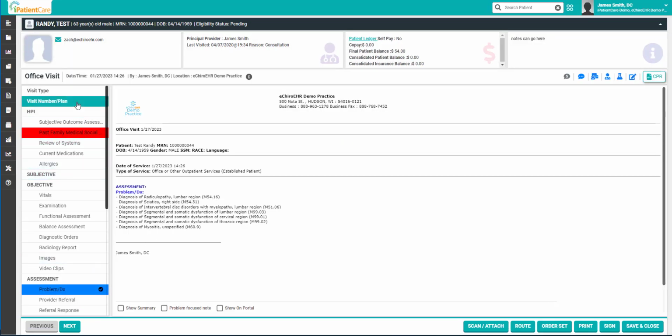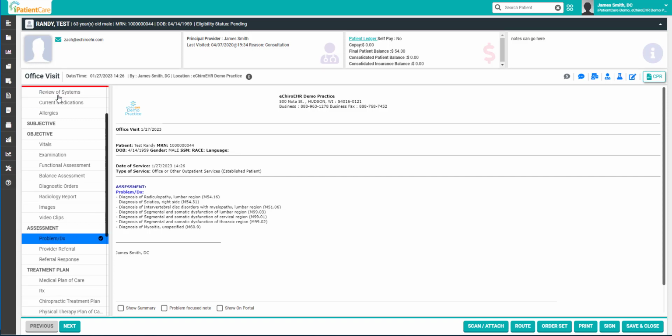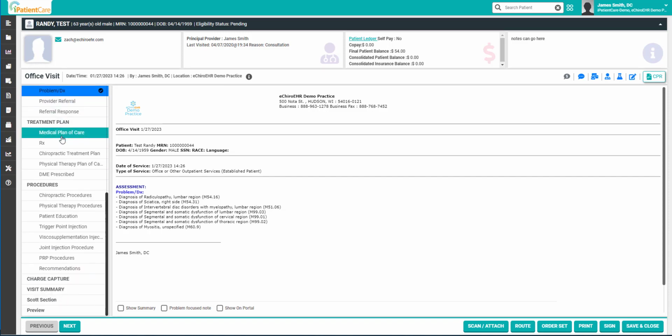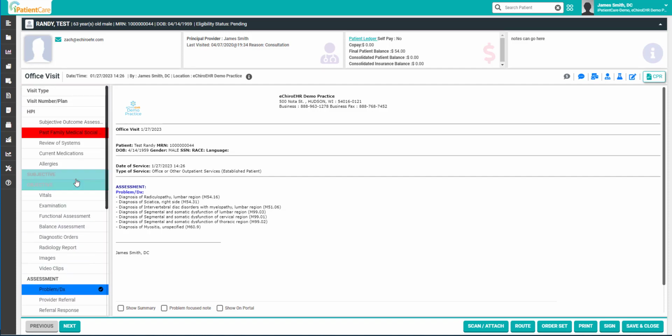And you'll see on the left-hand side of the screen, this is somewhat of our checklist of all the things that we need to think about when we document a patient record. And this checklist, you can see, is fairly long, and it has several different sections that you'll be very familiar with.